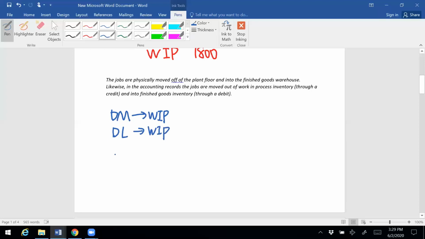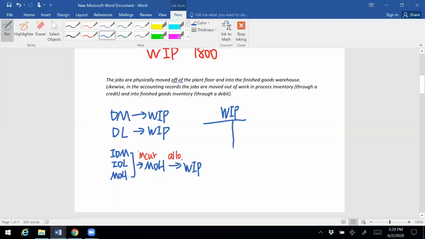When you have indirect material, indirect labor, and other manufacturing overhead, all these three parts go to manufacturing overhead first. This is when it incurs, right? So when it incurs, we increase manufacturing overhead. When we allocate it, it goes to our work in process.